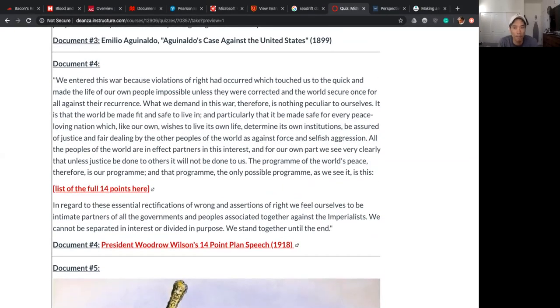Document number 4 was a proclamation that Woodrow Wilson made in terms of why America needed to get involved in World War I. He's explaining to the American public why America needed to send troops and commit itself to World War I. It's very simple, guys.